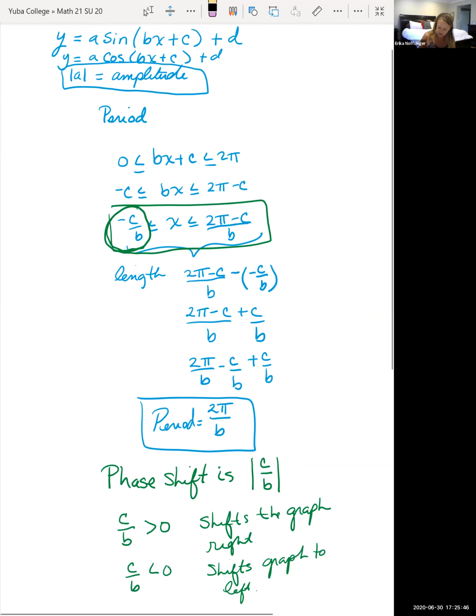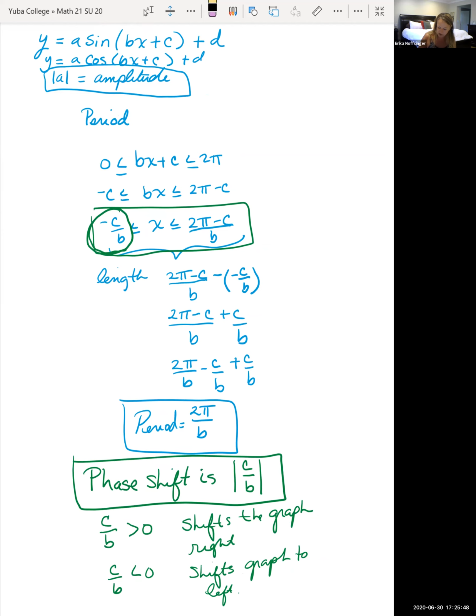Phase shift is just how much you're shifting it horizontally. And then the value of d is how much we shift vertically.